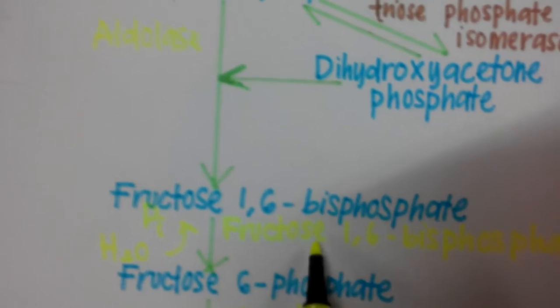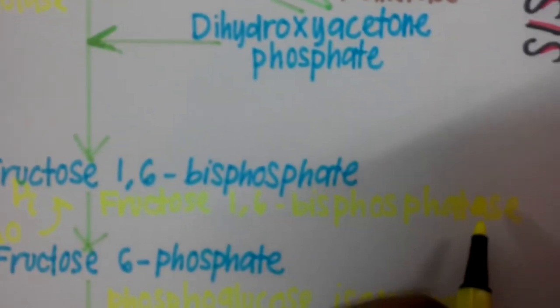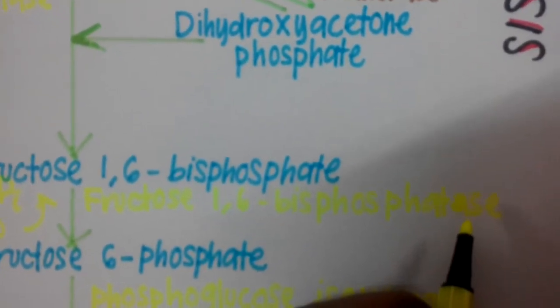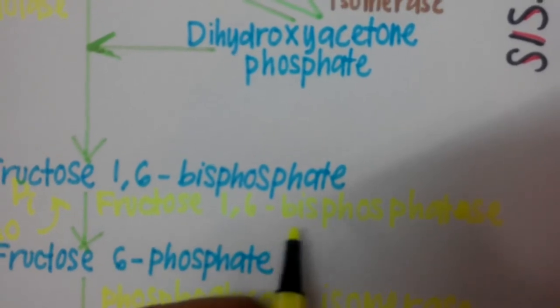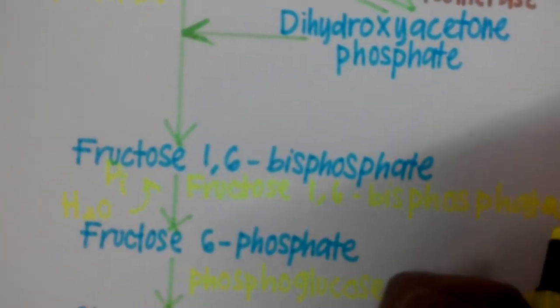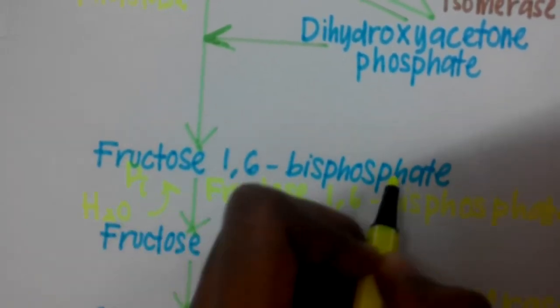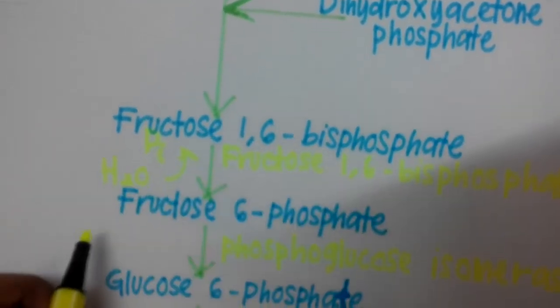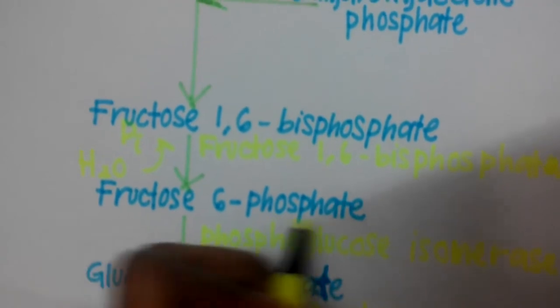Then, fructose 1,6-bisphosphatase is used by fructose 1,6-bisphosphate to become fructose 6-phosphate.